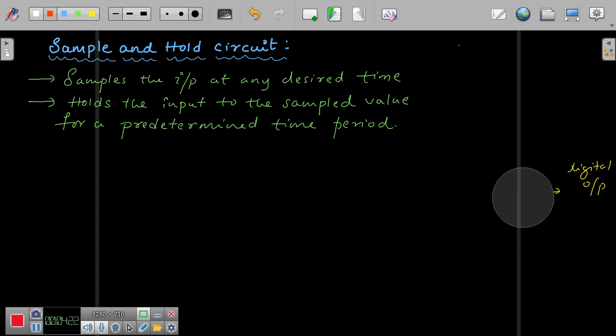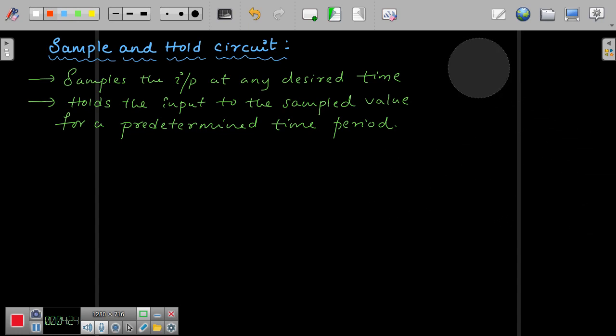So this is one instance where you may use the sample and hold circuit. Now let us see how exactly your sample and hold circuit can be realized from the point of view of circuit operation, where the objectives are very clearly known to us. You have some analog input, it has to be sampled at any given desired instant, then the sampled value is required to be held for a certain period of time.